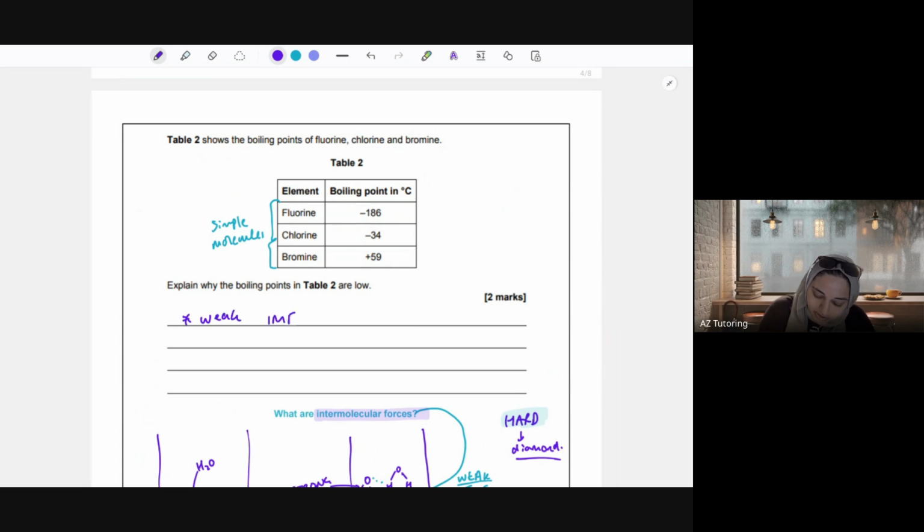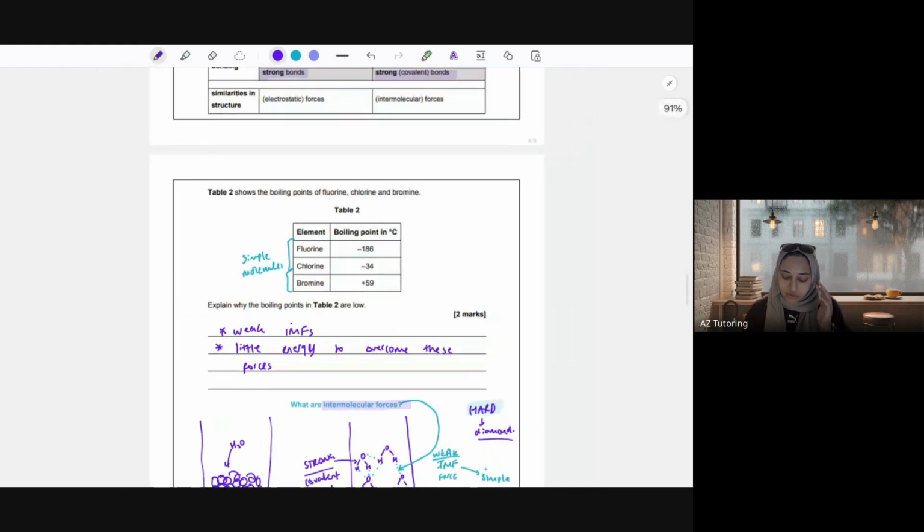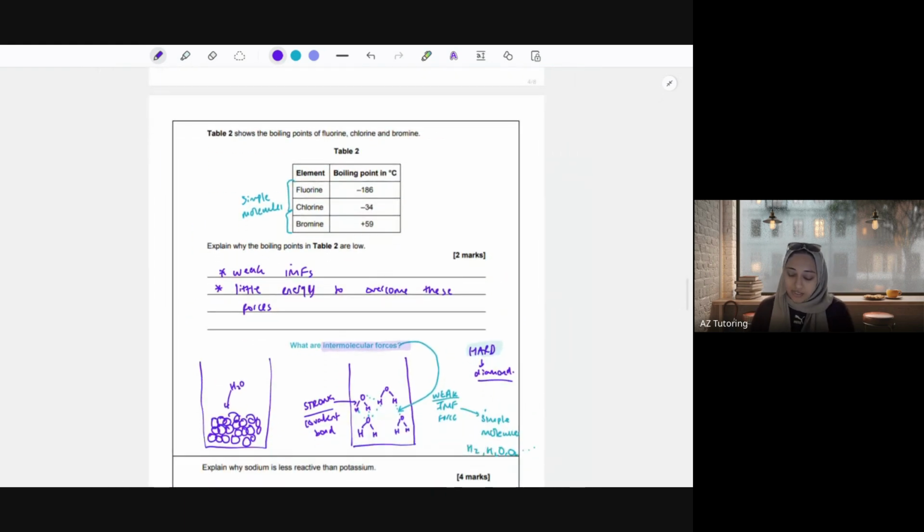So you say weak intermolecular forces between, and your second mark comes from that it needs little energy to overcome these forces. Just don't waffle or talk about the covalent bonds or anything. Just stick to the 2 marks that you need to write down.